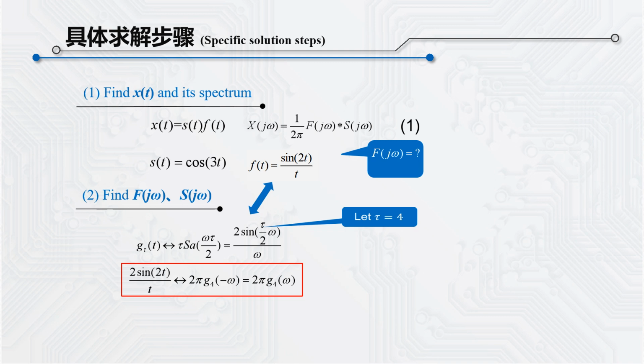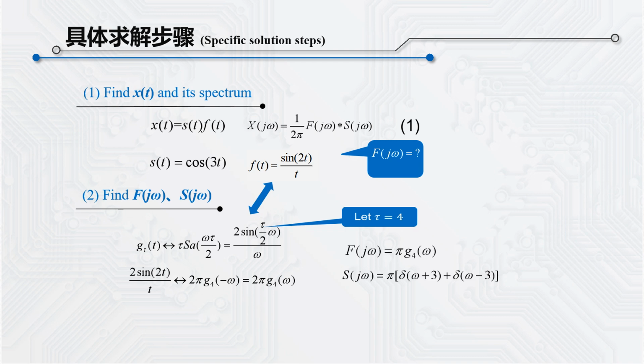Because the gate function is an even function, it can be denoted by 2 pi g4(omega). The 2 in the equation can be removed, so the spectrum of the given function sine 2t over t is equal to pi g4(omega). s(t) is equal to cosine 3t.